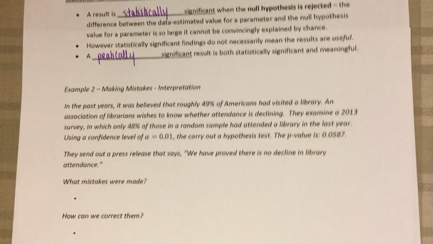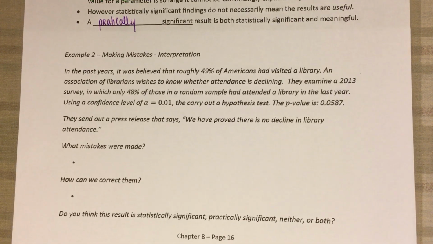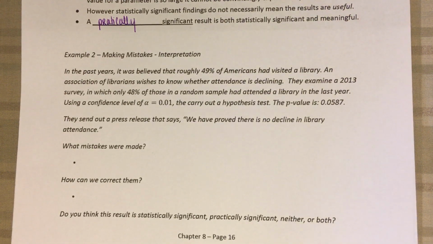All right, this last example at the bottom, we're going to look at our interpretation and our idea of statistical or practical significance. In past years, it was believed that roughly 49% of Americans had visited a library. An association of librarians wishes to know whether attendance is declining. They examined a 2013 survey in which only 48% of those in a random sample had attended a library in the last year.